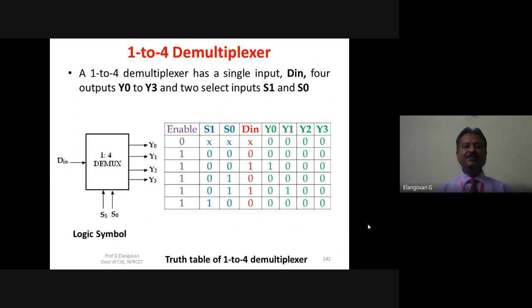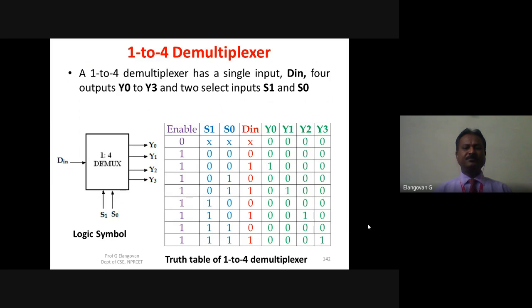Similarly, if S0 and S1 are 1, 0, and D in is 0, the output will be 0. If it is 1, then Y2 will receive 1. In such a way, any one of the outputs is going to be active.